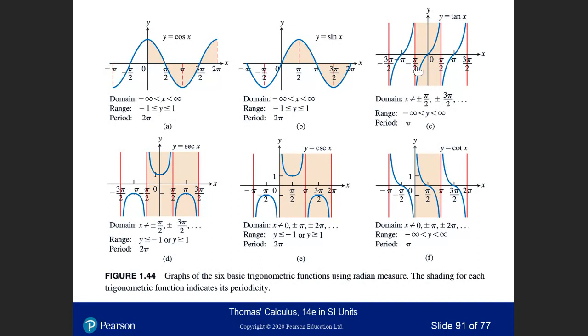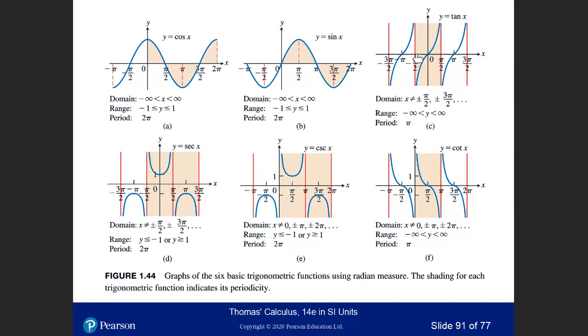Okay, now the tangent. You know that tangent is sine x over cosine x. When cosine is 0, the function is not defined. Okay? And so if you look between minus pi over 2 and plus pi over 2, these are the points where the function is not defined.